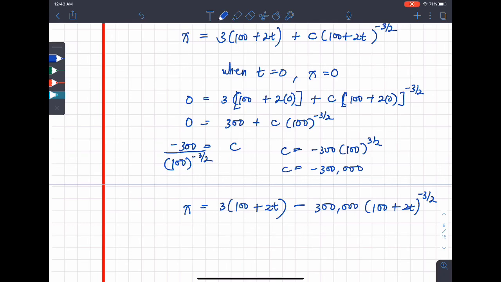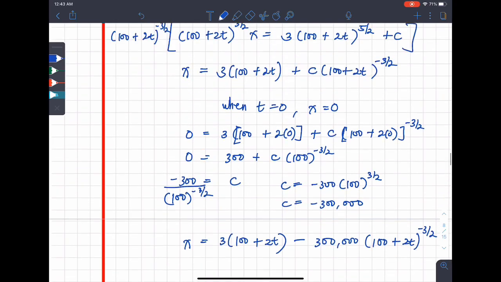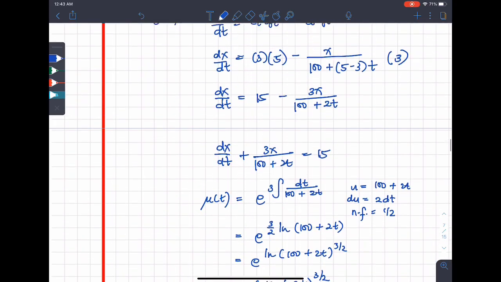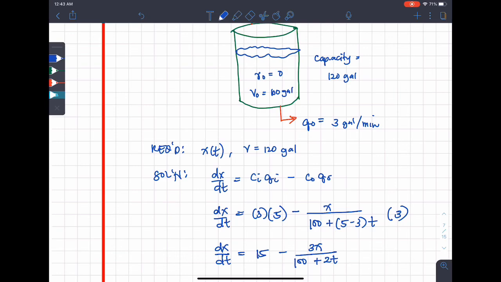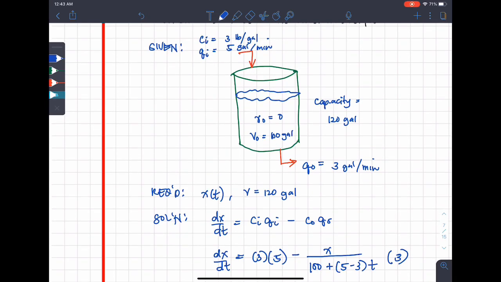Okay, to find when it will overflow, we already know the volume at which it overflows, and that is when the volume is equivalent to 120 gallons.